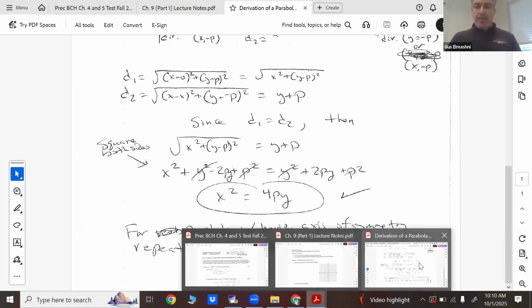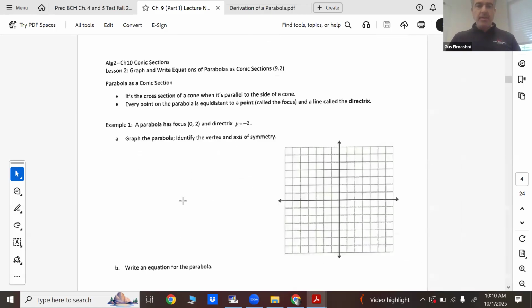So going back to the notes, let's talk about a parabola. Again, it is a cross section of a double napped cone. If you cut a cone at its corner, the cross section will be the shape of a parabola. Every point on the parabola is equidistant from a point called the focus and the directrix.